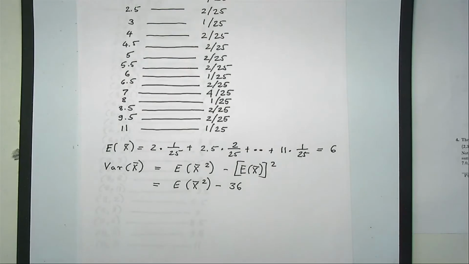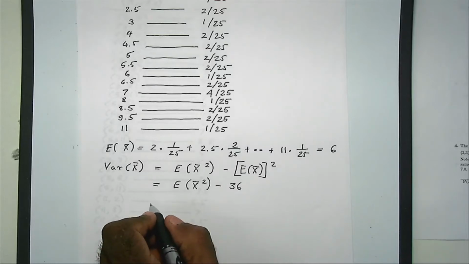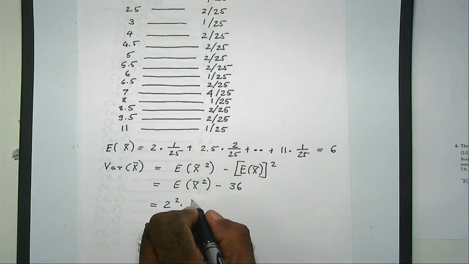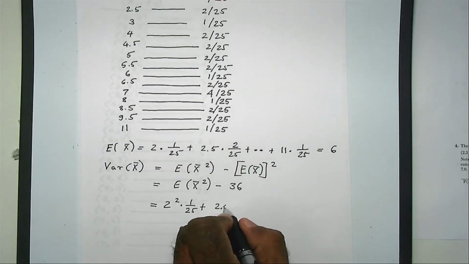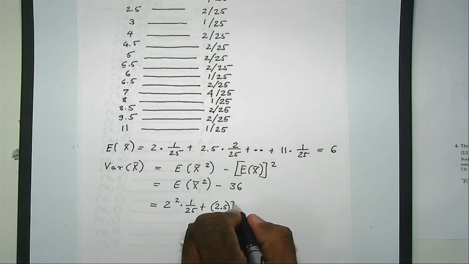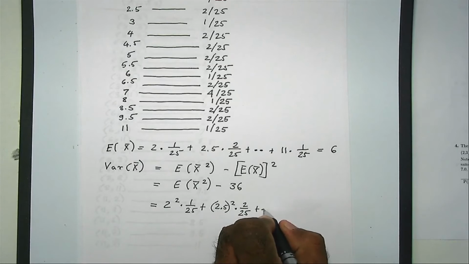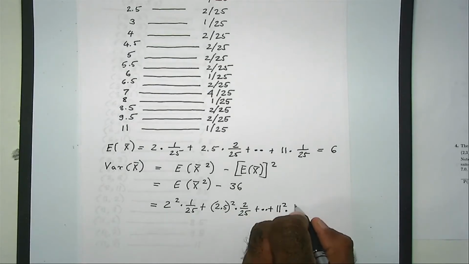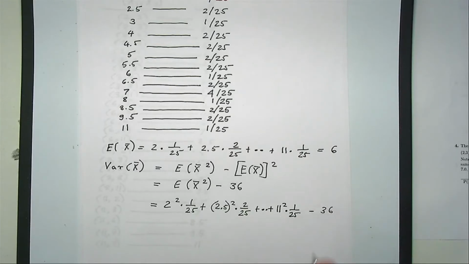Now to compute the first term, you use the familiar formula, which is 2 squared times 1 over 25 plus 2.5 squared times 2 over 25 up to 11 squared times 1 over 25, minus 36, right?